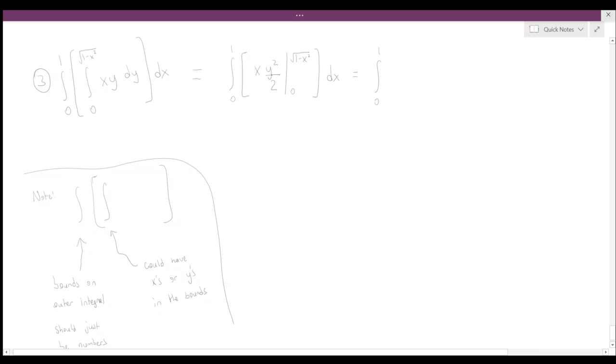So we'll plug the square root in for y. And when we plug in 0 for y, it's just going to be 0.